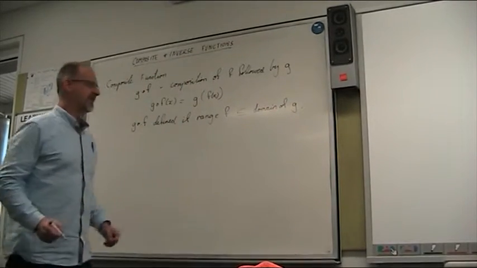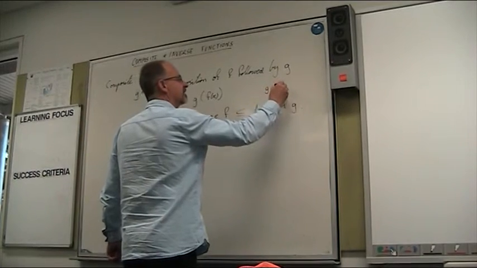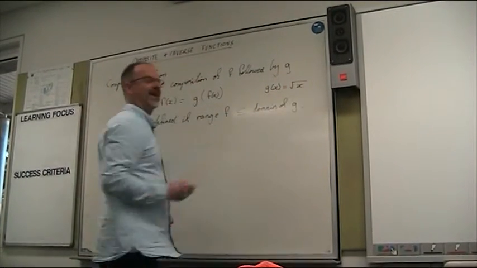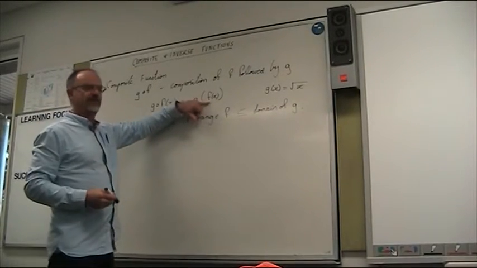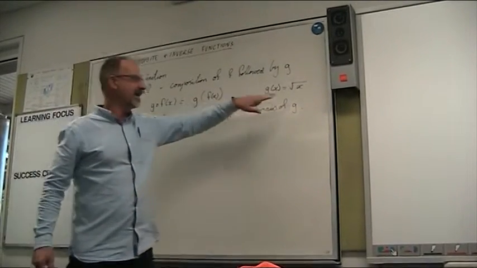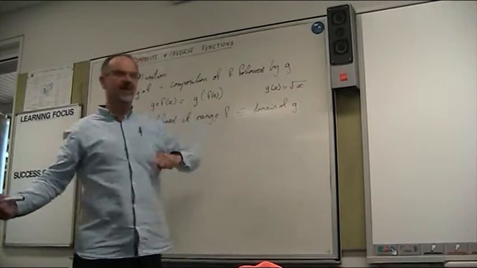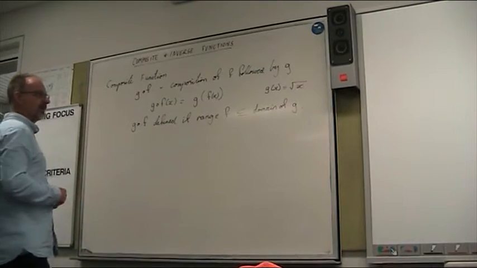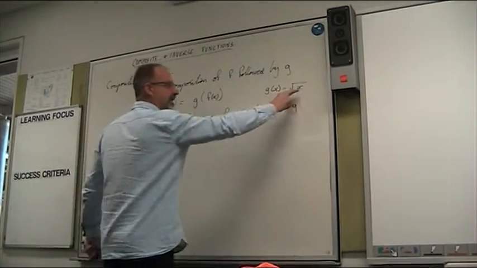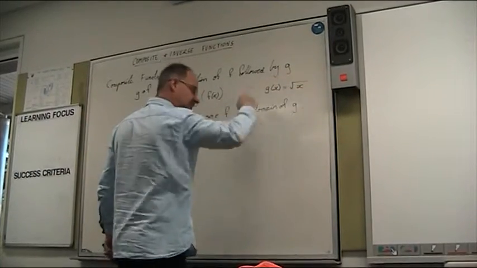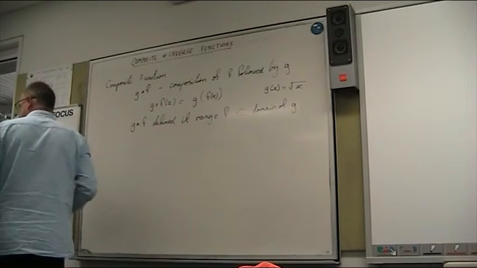So say, for example, if g of x is square root x, then you've got to be able to put f in there, so if f gives you a negative answer, you can't put that in there. So that's why the range of f, the numbers you get out of f, you've got to be able to put in here. If you can't put them in there, then g∘f doesn't exist.